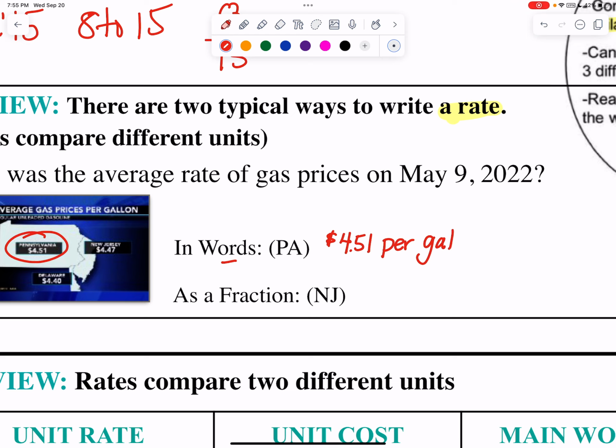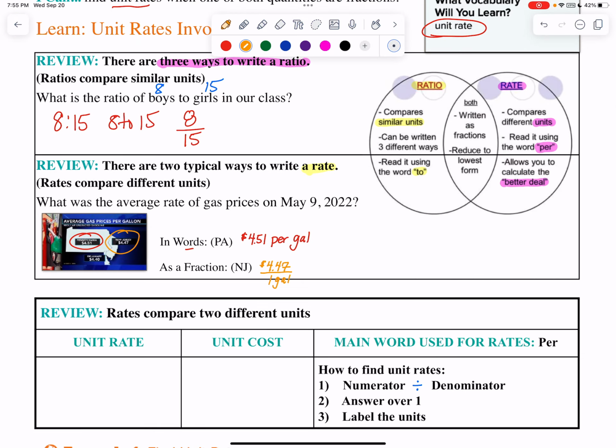As a fraction, if we look at New Jersey now, we can say $4.47 over 1 gal. So those are the two different ways we can write a rate.